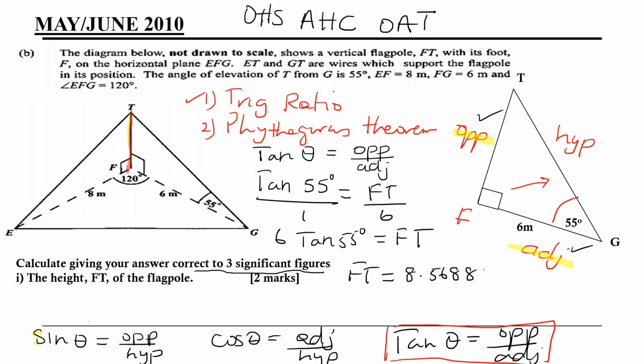This is what I have on my calculator. But to get it to 3 sig figs, we're going to count: that is 1 significant figure, 2, 3. Now the number after I count 1, 2, 3. So I'm putting my line in the wrong place. So then I'm going to come here.